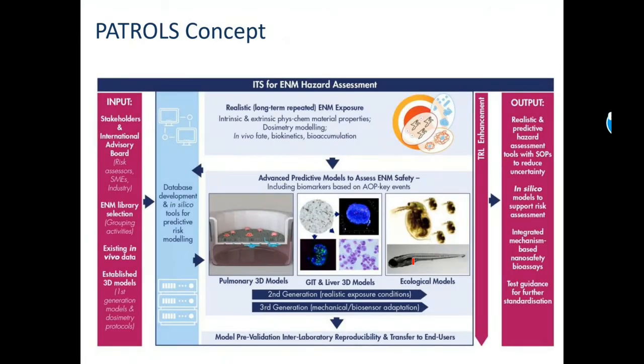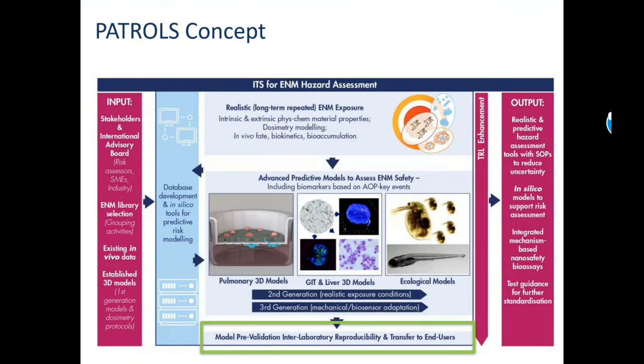So this is a brief overview about the different work packages we have in PETROS. As said, we focus on nanomaterials from which we have in vivo data, and for which we know that they induce long-term effects. Then we have 3 work packages focusing on lung, intestine, liver, and ecological models.